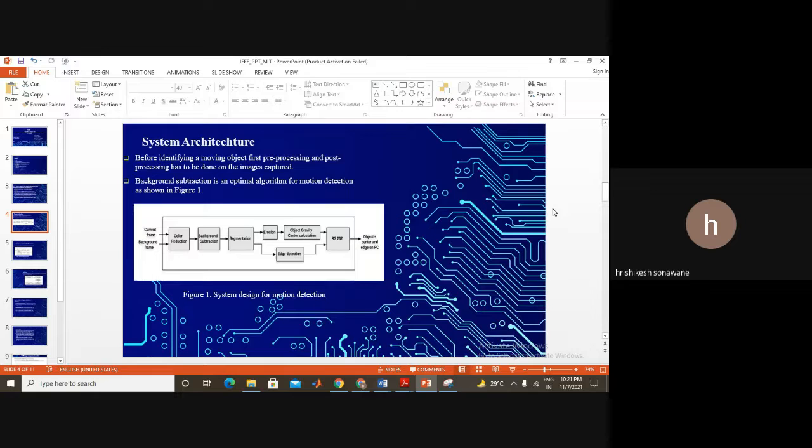Another block is the edge detection. It is basically an extension in the motion architecture, which helps identify the object based on its shape and hence predicts the movement path. The next block is the RS232.